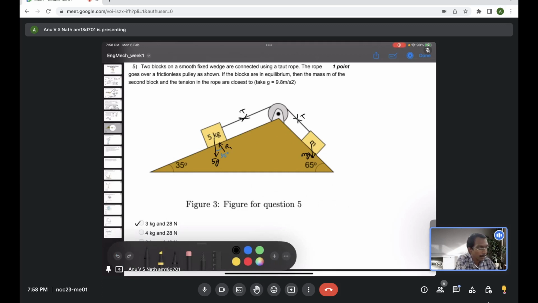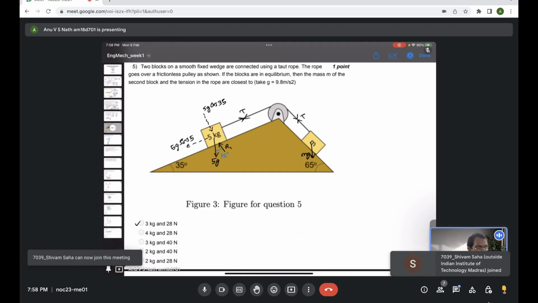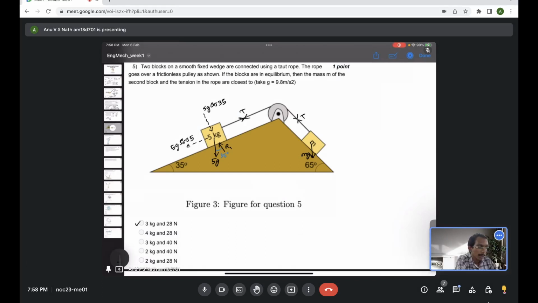So we can just resolve the 5g weight into its components, which is 5g cos 35 and then 5g sin 35. So I hope that is clear. Basically we are resolving the weight 5g into its two components along the normal and along the tangential or tension direction. So then it will be easier to analyze.